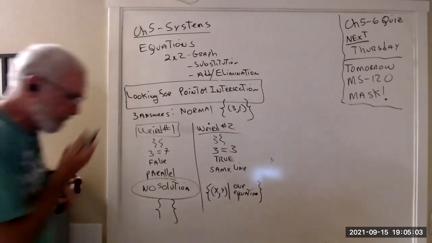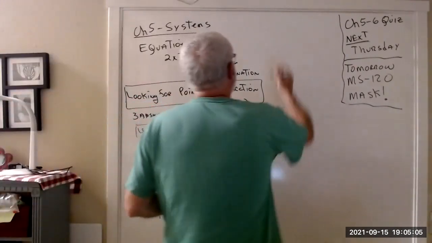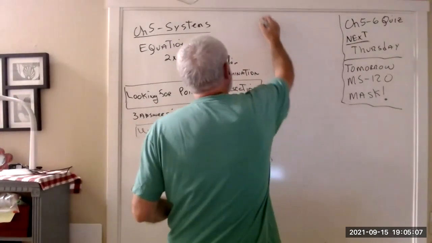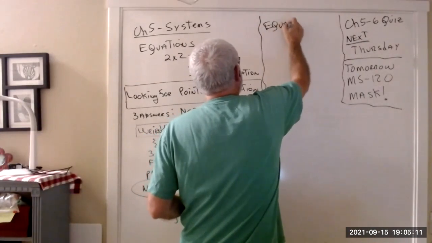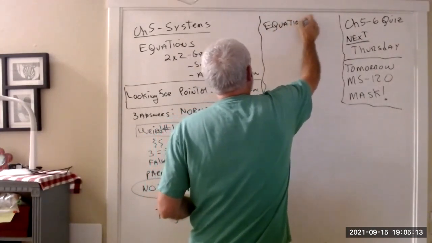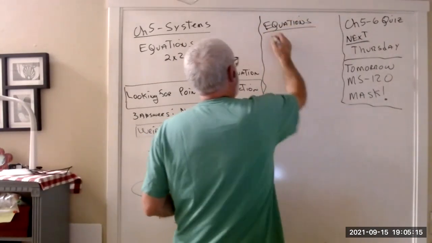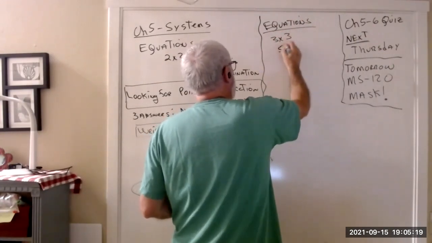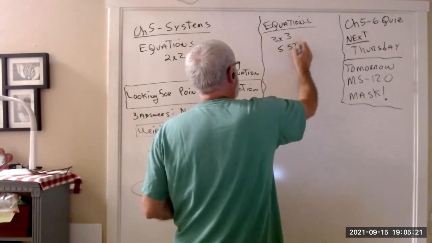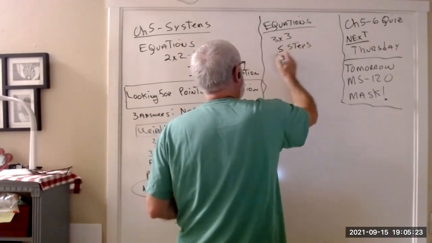Okay. Still in equations. We had 3 by 3 equations, and we have the 5 steps or 6 steps or whatever it was.